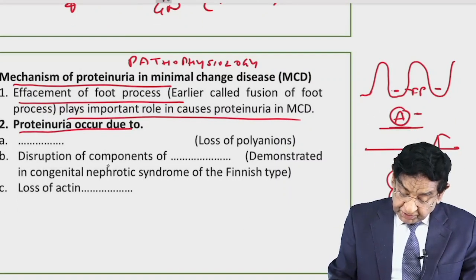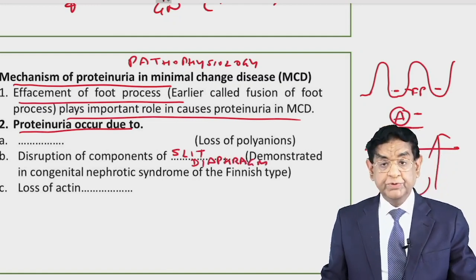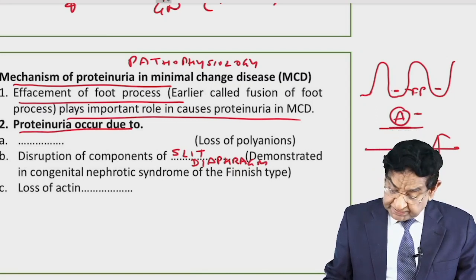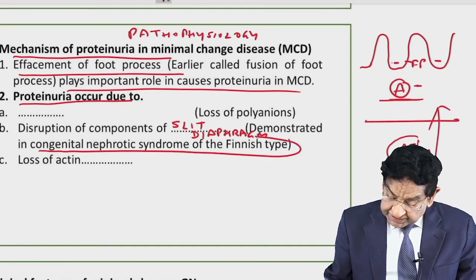So disruption of components of the slit diaphragm also contributes, and in fact it is much better seen in congenital nephrotic syndrome of Finnish type.